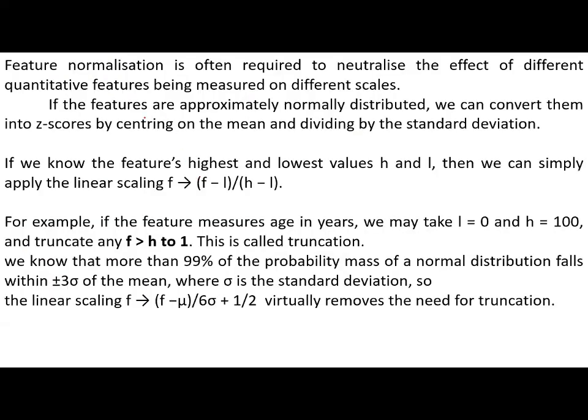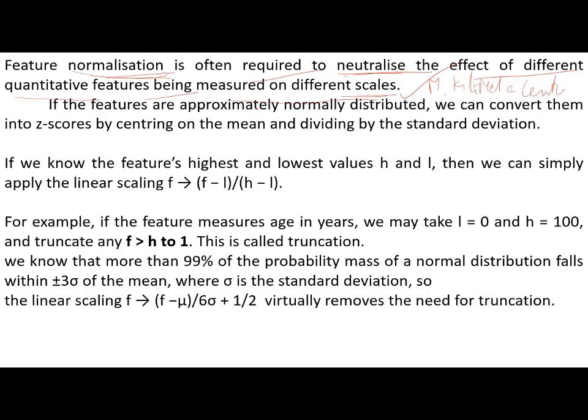Let us see these. Feature normalization is often required to neutralize the effect of different quantitative features being measured on different scales, that is meters, kilometers, centimeters, something like this. If something is in cm, km, m, they have to be neutralized. They have to be normalized. That is called normalization.